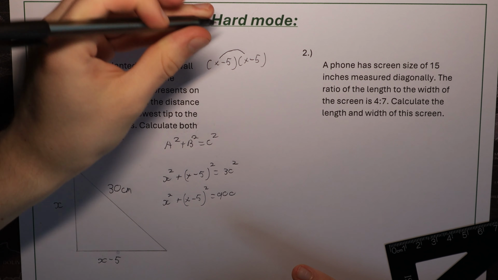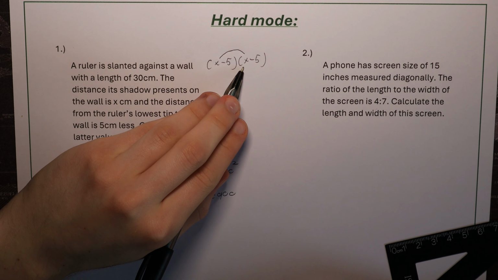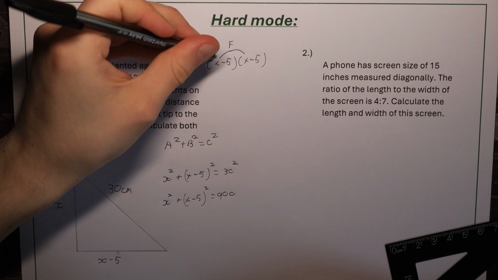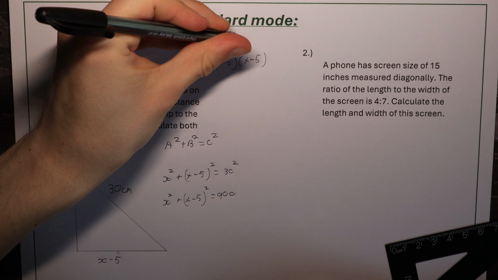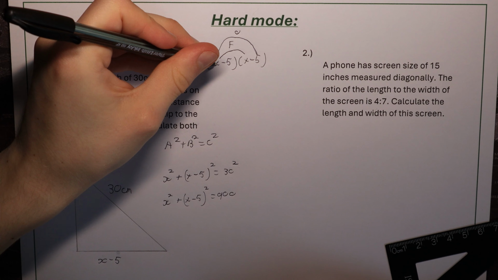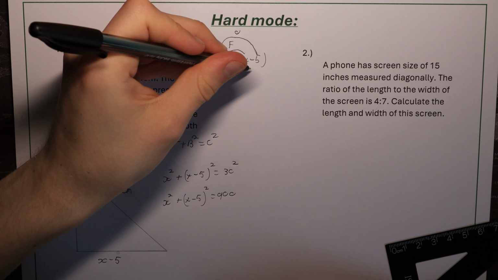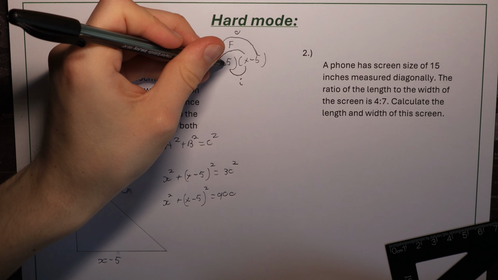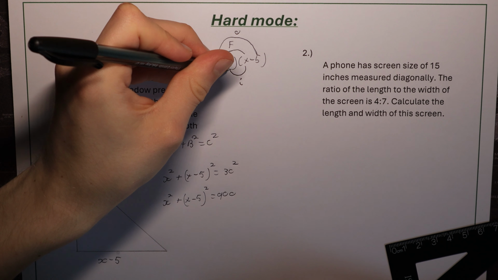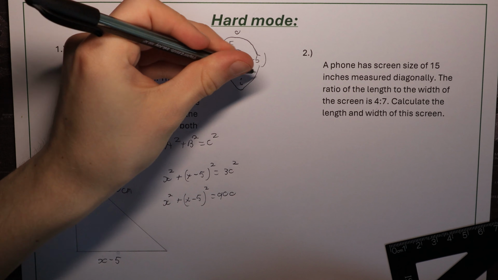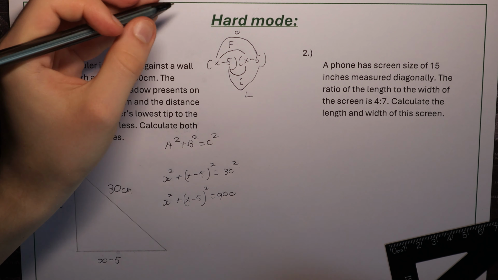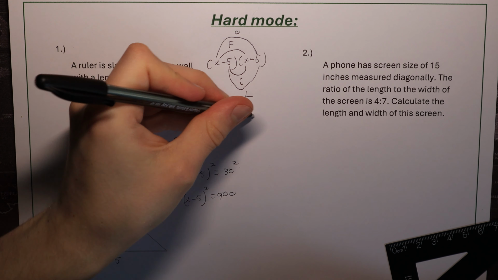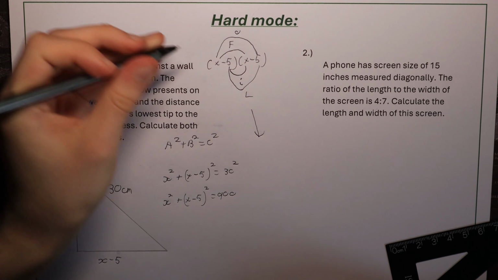We need to times x by x, let's call this F, and then O is x times minus 5, I is x times minus 5 again, of course, and our final one is L, which is minus 5 times minus 5. Now let's simplify this, so I'll put an arrow here.